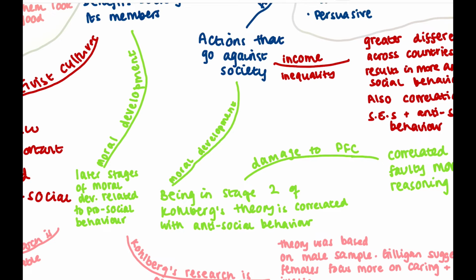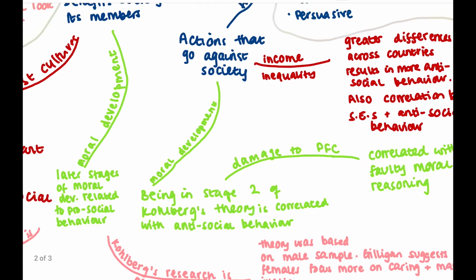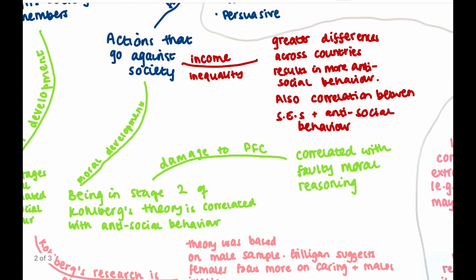Now, for moral development, there is a neuropsychological explanation, and that is damage to the prefrontal cortex. That is the part of your brain right at the front, and that's to do with decision-making, planning, forward thinking, those kind of higher level cognitive processes.